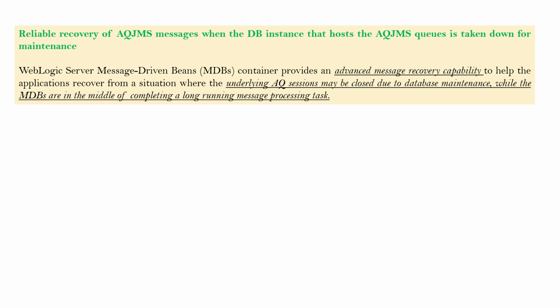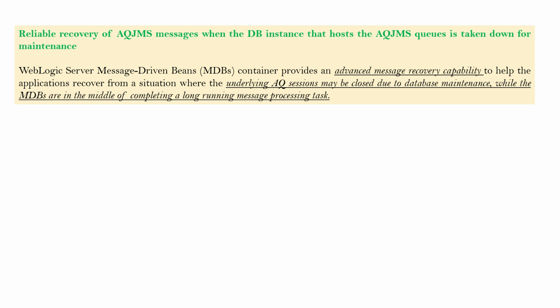Okay. Next one is reliable recovery of AQ JMS messages when the DB instance that holds the AQ JMS queues is taken down for maintenance. AQ JMS is the advanced queuing feature in your Oracle database, where you can store your messages in the Oracle database. Just like the JMS services where we have queues and different topics, distributed queues and distributed topics, where our messages are stored.